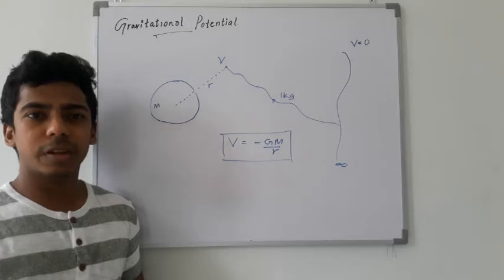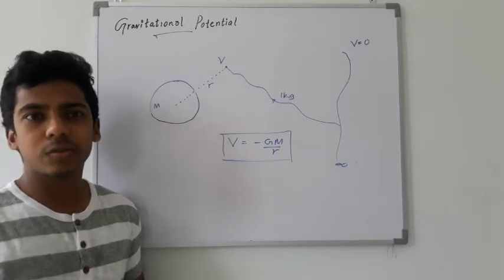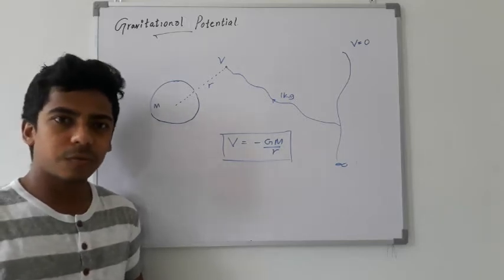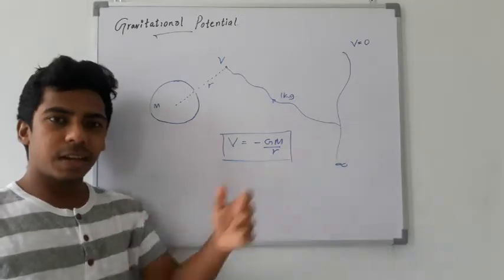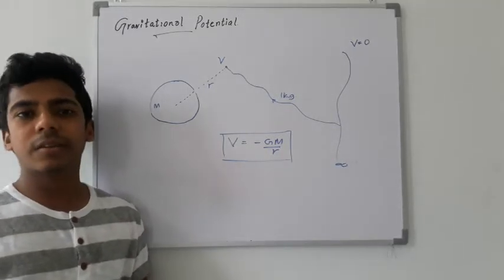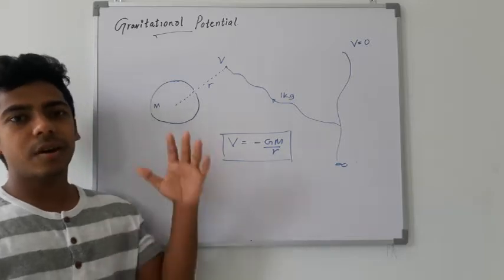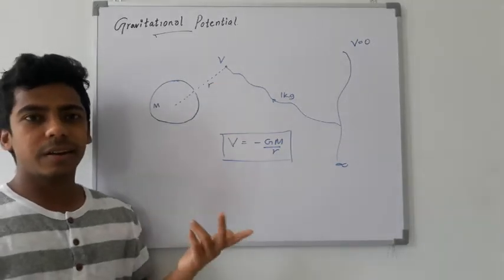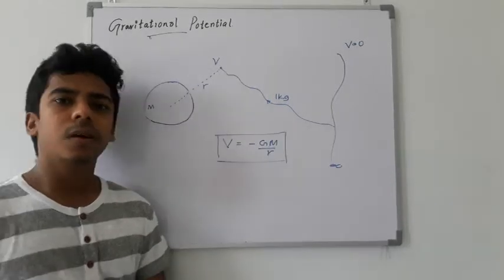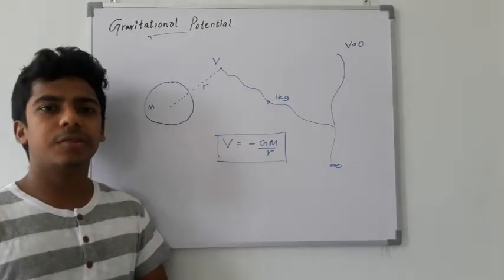Therefore, the gravitational potential at any point in the field is going to be less than the gravitational potential at infinity. But we know the gravitational potential at infinity is defined as 0. Therefore, anywhere in the field the gravitational potential is going to be a negative value. So that's the meaning of this negative sign.